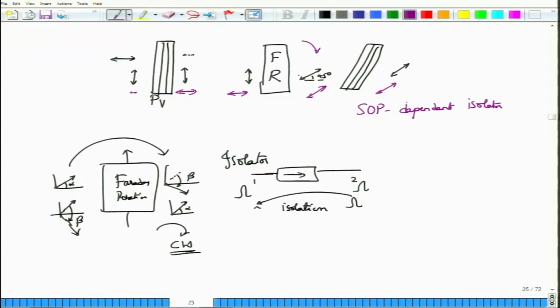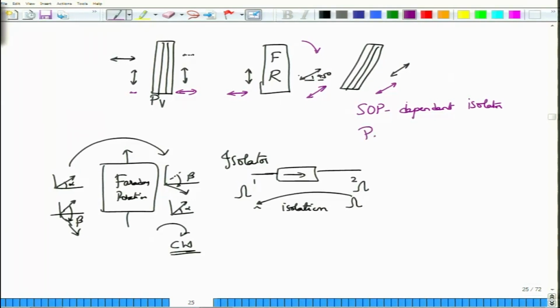Therefore, you need to have an isolator which is polarization independent, and you might have guessed that one way to do it is to split the input signal into two portions. One of them will be vertical, one of them will be horizontal. You place Faraday rotators on both arms, let them go, and at the output you can combine them, and when you try to propagate in the backward direction, it will not really work.